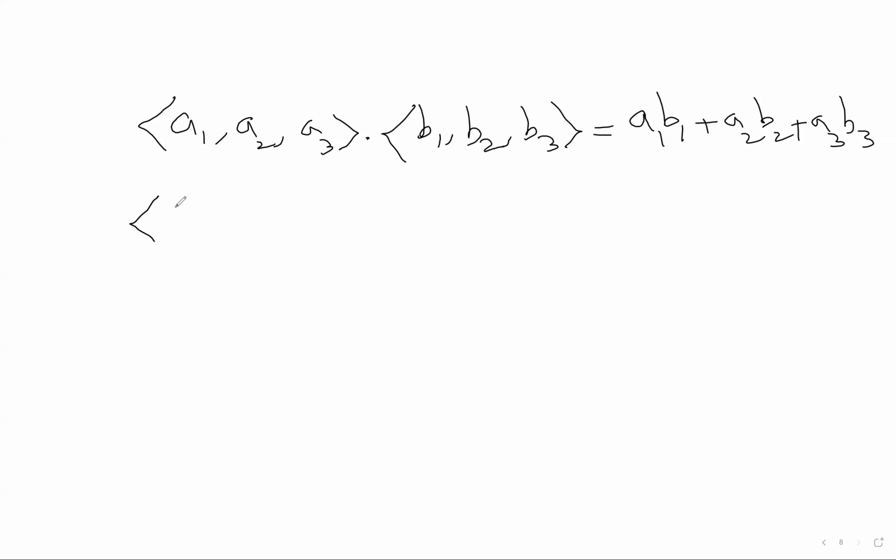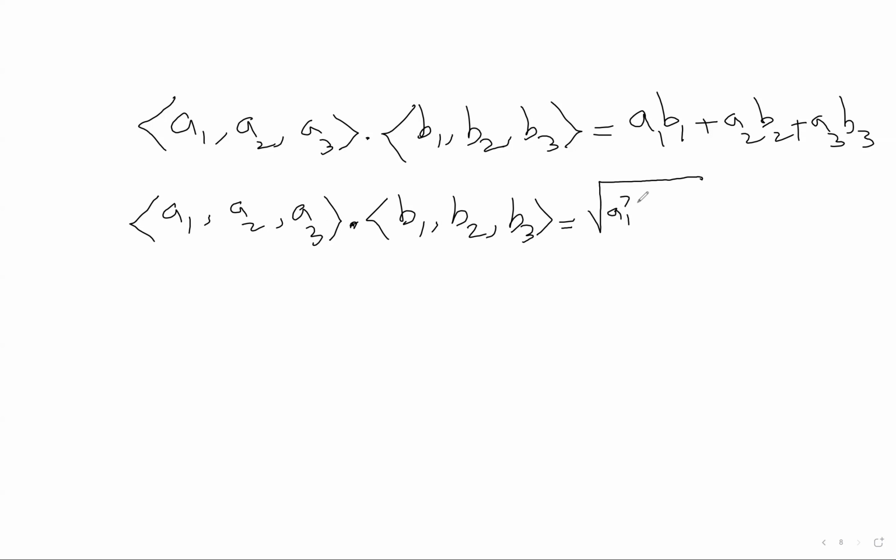The other way that we can obtain the dot product of the same two vectors is the length of the first one, which is the radical of A1 squared plus A2 squared plus A3 squared, times the length of the second vector, radical of B1 squared plus B2 squared plus B3 squared, times cosine of theta. Theta is the angle these two make.